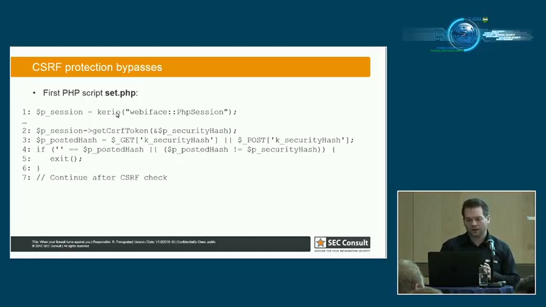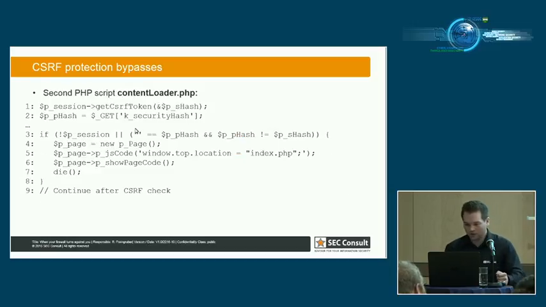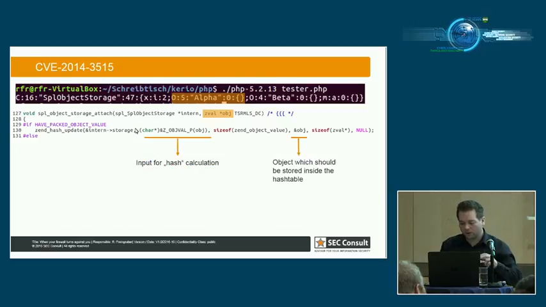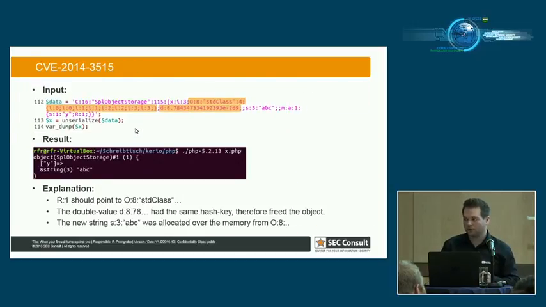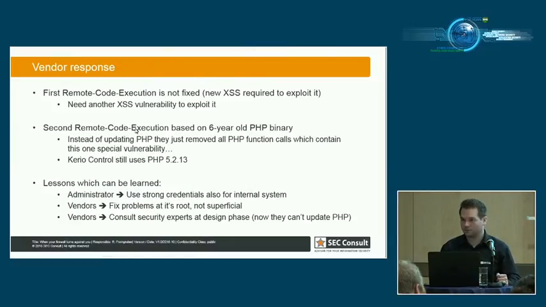So they have written nearly every functionality inside C. This is exactly this code here with Cairo. They get their own C objects and then they call things like getCSRFToken on it. And the problem is now they cannot update PHP anymore because their complete code base is running on this one PHP version. That means it's very costly for them to update PHP, and that's the main reason why they are not fixing the 6-year-old PHP version.